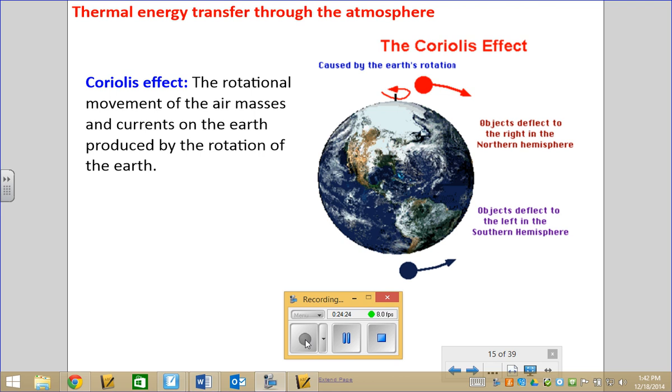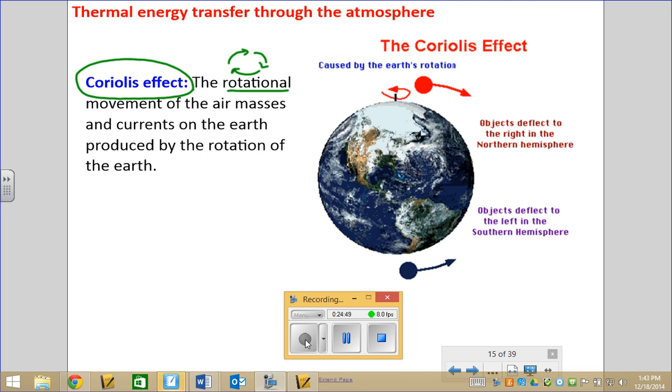What you were doing was illustrating the Coriolis effect. Now, what is the Coriolis effect? It is the rotational movement of air masses and currents.